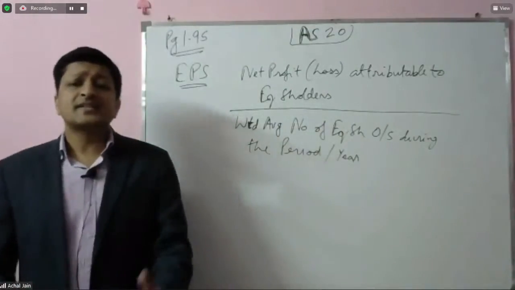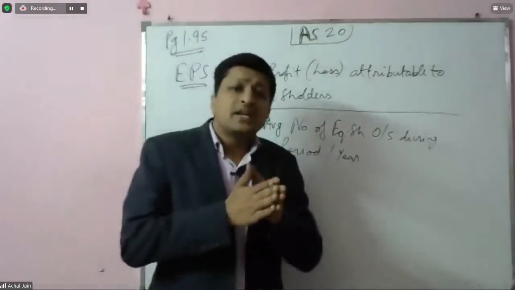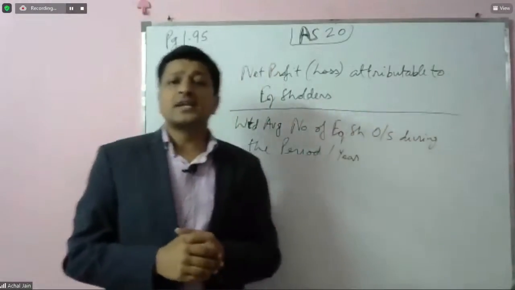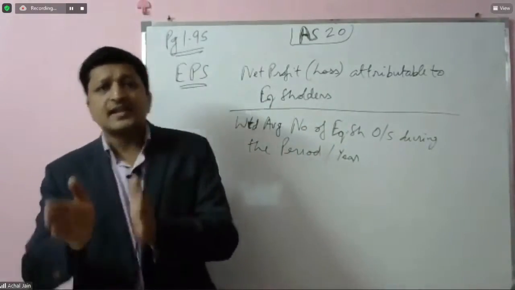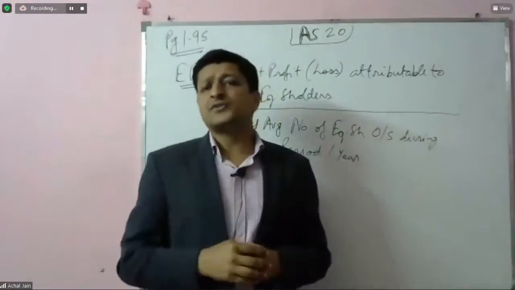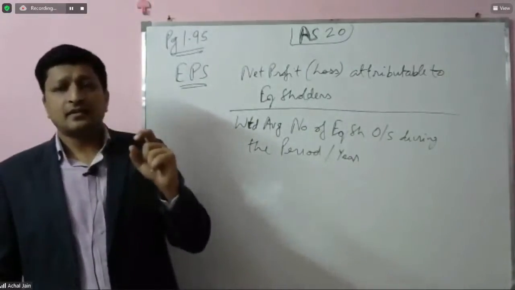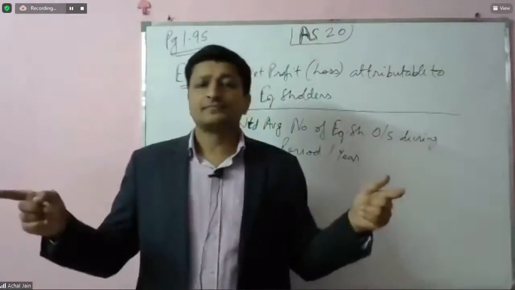It's not necessary that the number of shares remained the same throughout the year. That's why the standard says you will not look at the number of shares as at the balance sheet date. This is the common mistake which we make. We don't need to look at the number of shares as at the year end. Instead, we need to look at the shares throughout the year.